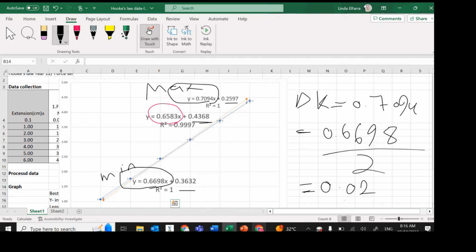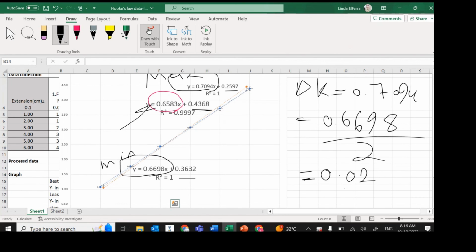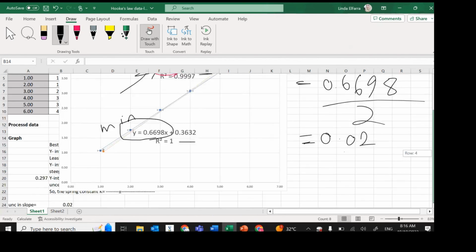So when you write the spring constant, it will be from the slope, this value, K, always when you write it K, positive or negative, the uncertainty.